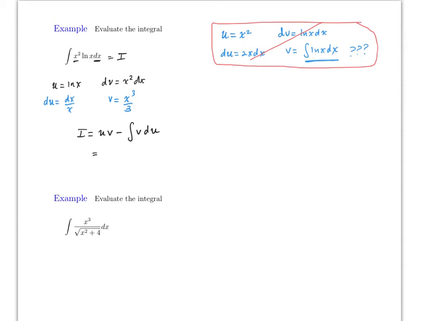it will be equal to 1/3 x cubed times ln x, which is uv or vu, doesn't matter, minus the integral of v, which in this case, remember, v is equal to x cubed over 3 times du, but du is dx over x.